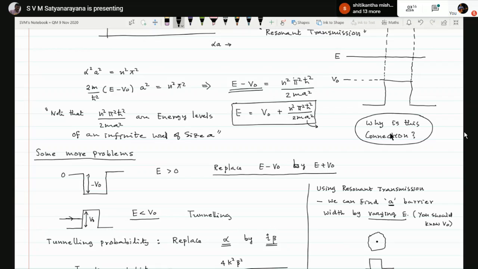Sir, in the energy n squared pi squared h bar squared by 2m a squared, the corresponding wave functions there, maybe sine, have the nodes at the boundary. So they can continue from there on both sides. Here we have some wave function on the left side also, on the right side also. So we have this particular energy, this V naught plus this quantity.